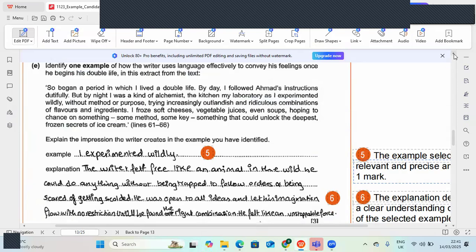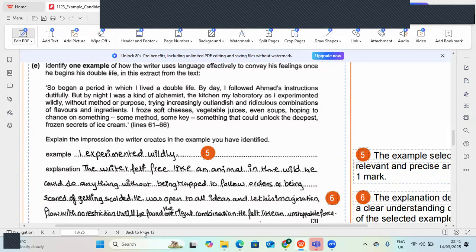Okay, so you choose only a short phrase. He says, I experimented wildly. That's it. Or you can write the kitchen, my laboratory. This is also one example that you can put here. Okay. Kitchen, my laboratory. All right. And as I experimented wildly.